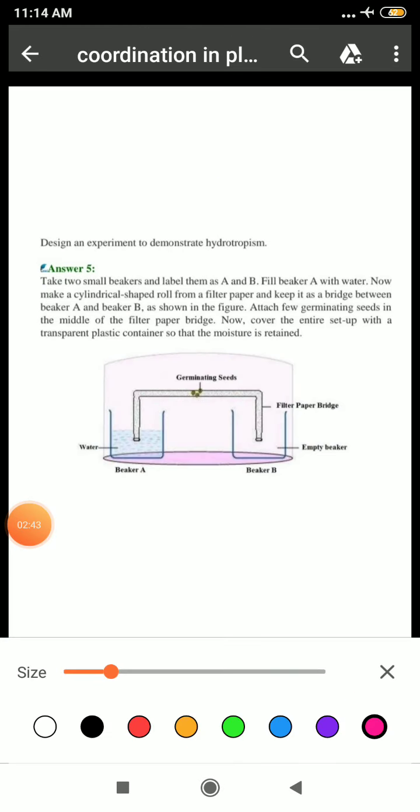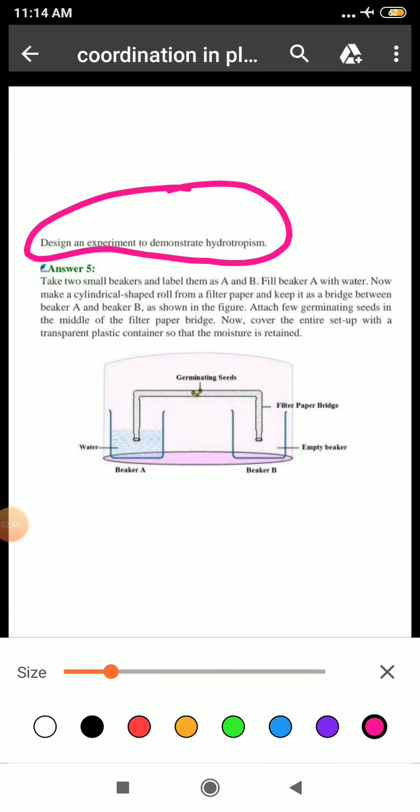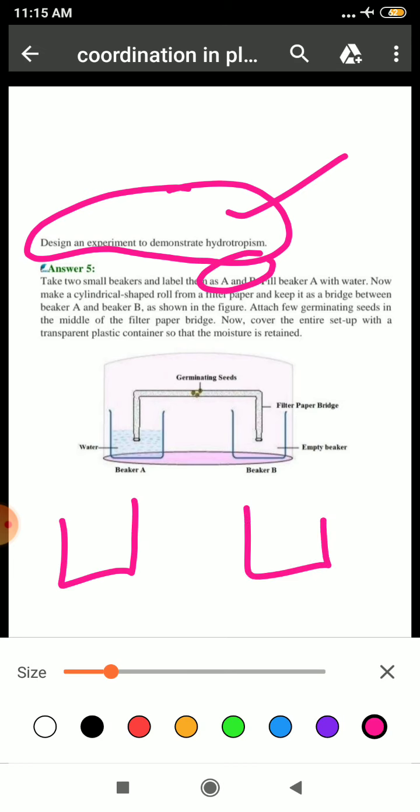Students, next question is, design an experiment to demonstrate hydrotropism. Now we need to explain how movement of the plant occurs in the direction of the water. You can perform this at your home also. We need to take two small beakers and label them A and B, and fill them with water.